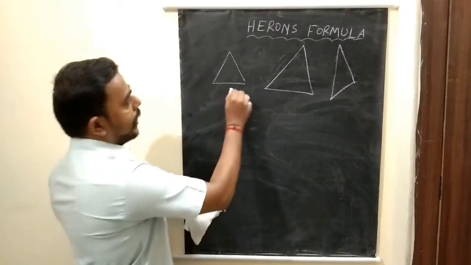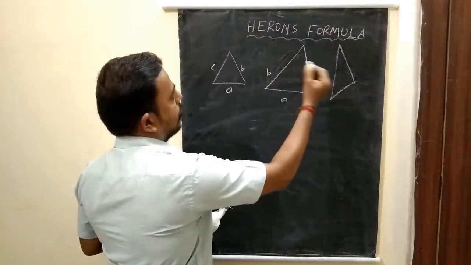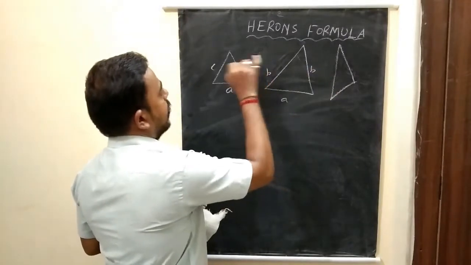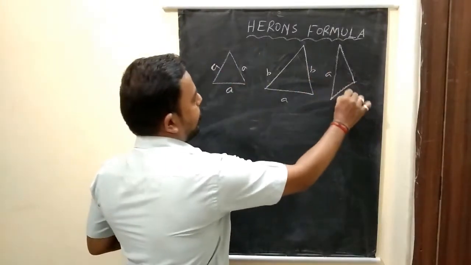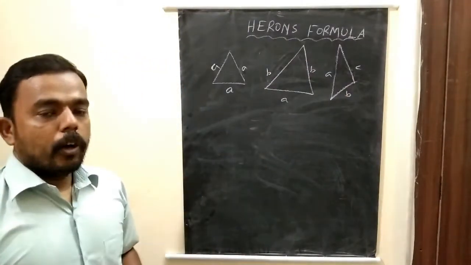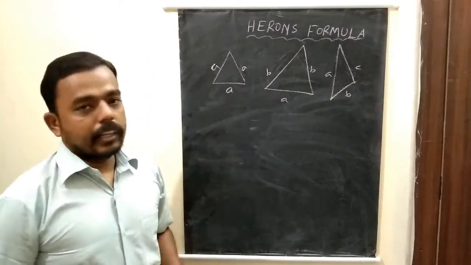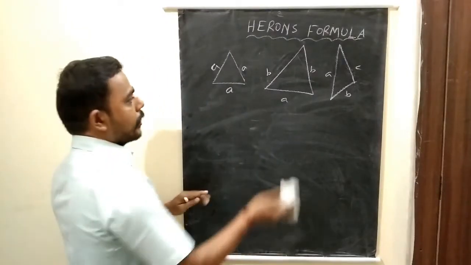Suppose you have sides A, B, C. If you have the sides, how to find the area of the triangle automatically by using Heron's formula. This thing we are going to study.